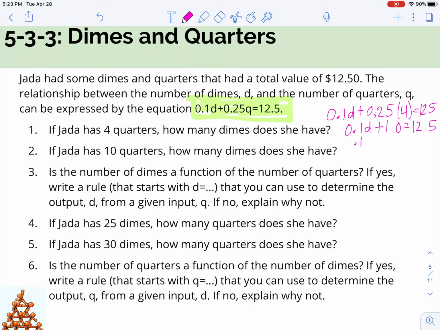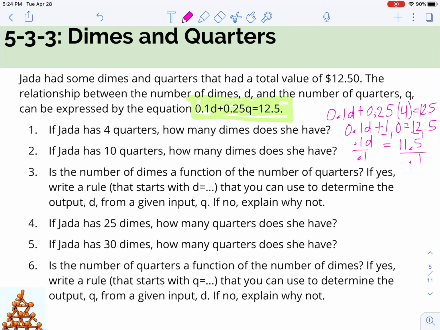And then 0.1D minus 1 equals 11.5. Divide by 0.1, divide by 0.1. And that would just be 11.5, but the decimal would move by 1.